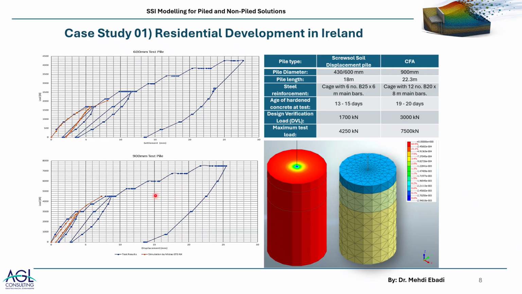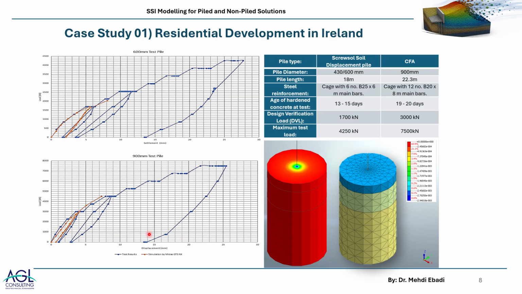And the plot that I'm now referring to shows the test results for the 900 millimeter diameter CFA pile, which had a maximum loading of up to 7,500 kilonewtons.